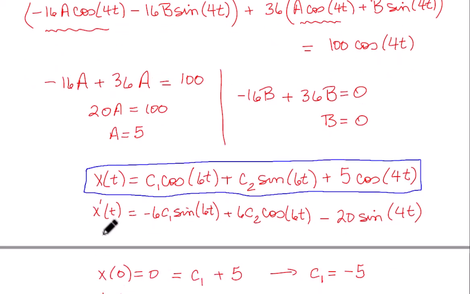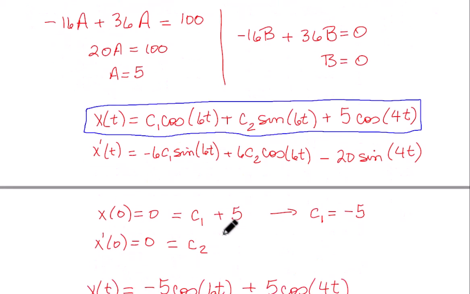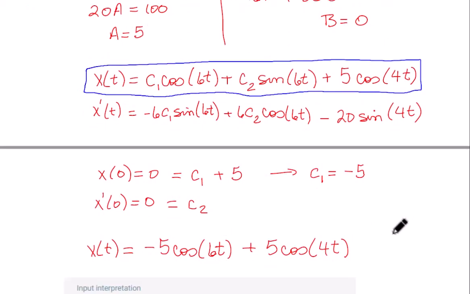I need to calculate x prime because I need to plug in my two initial conditions. So my initial conditions were x at 0 is 0. All right, so at 0, the sine part is already gone. I would have C1 plus 5 is 0. So C1 is minus 5.